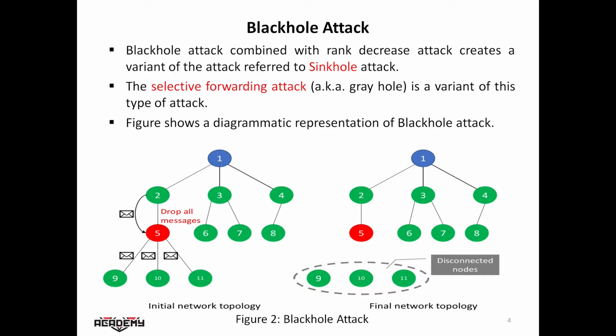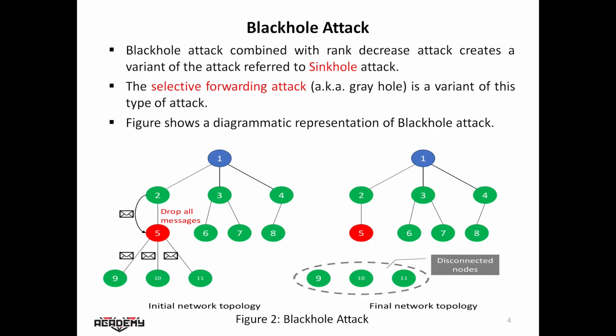So all those control packets, that particular malicious selective forwarding attacker will participate in propagating. But when the sensor nodes send their data packets to the malicious selective forwarding attacker for it to relay to the root node, that is when the selective forwarding attacker will now drop the data packet.